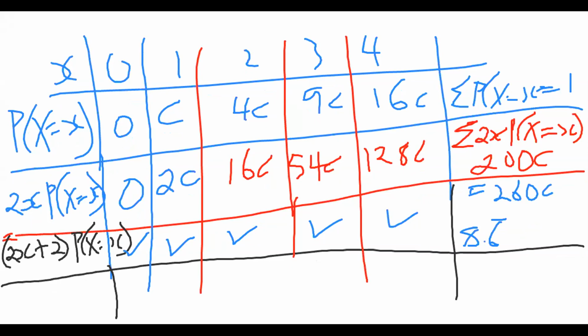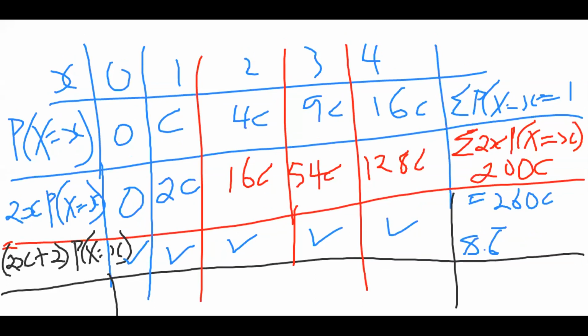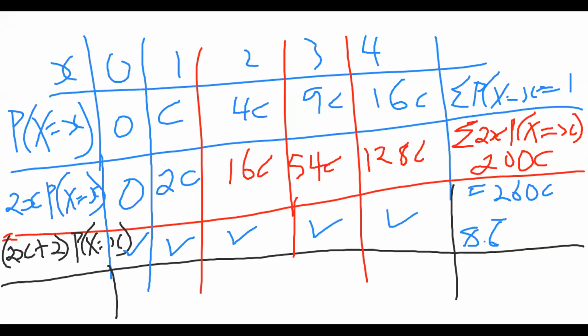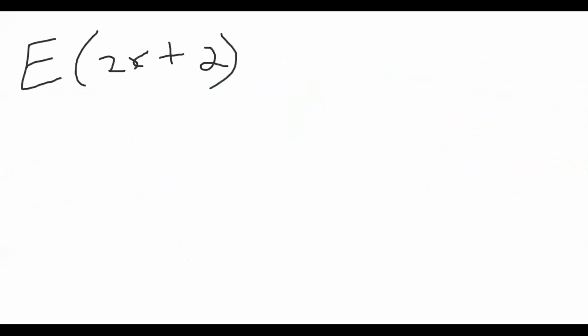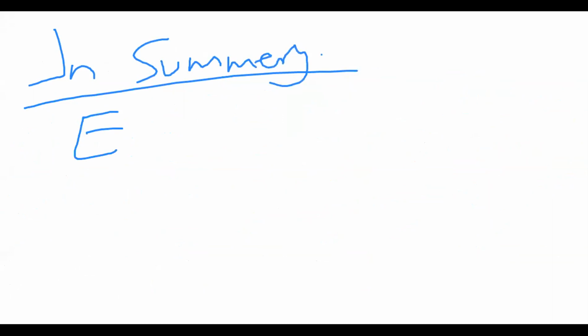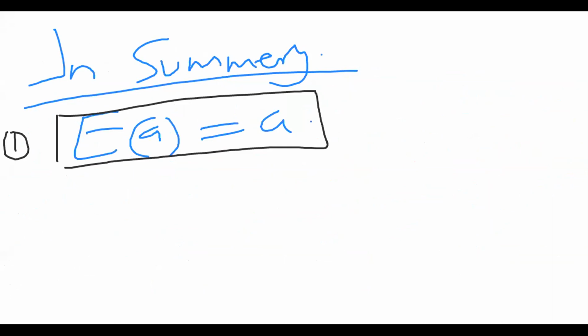Now we're going to compare this answer with the general rule. Generally, in summary, compare all those answers that you got. In summary, number 1, the expectation of a constant is equal to the constant.